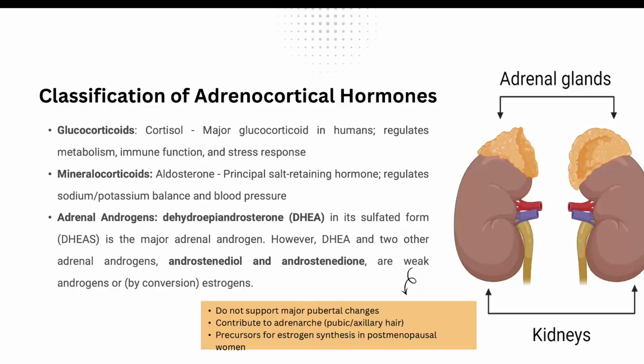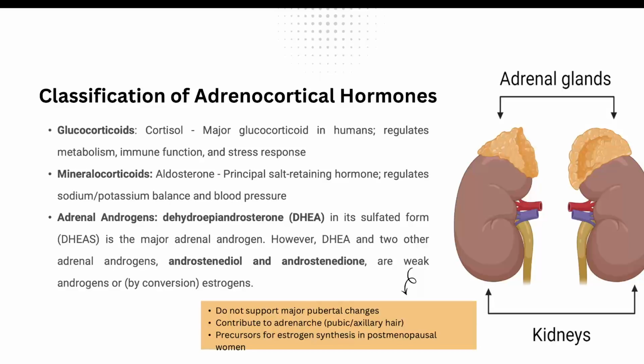These adrenocorticosteroid hormones are biosynthesized by the adrenal gland. This adrenal gland is located on the kidney, as you see here, and is divided into two parts: the cortex and the medulla.